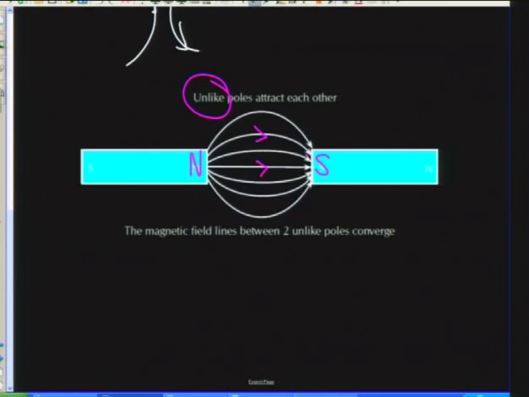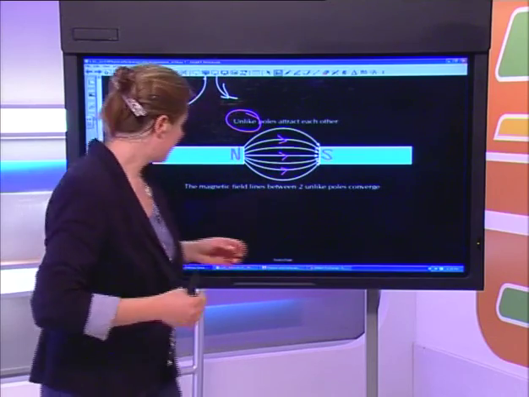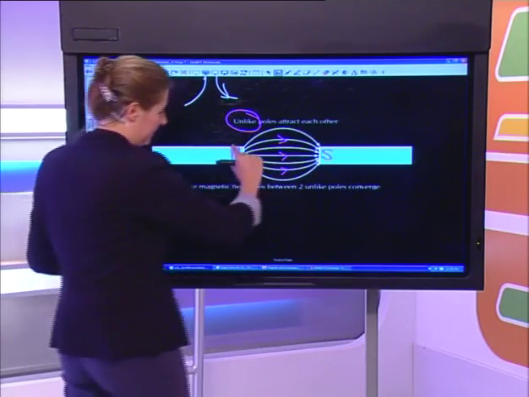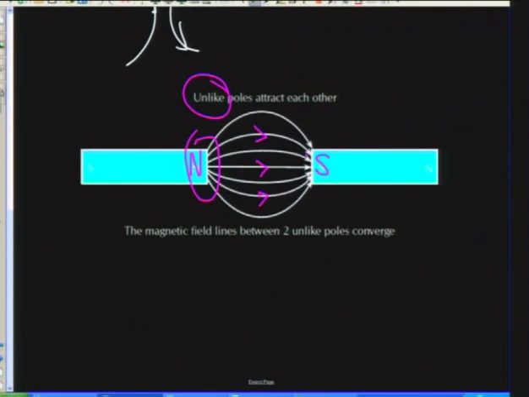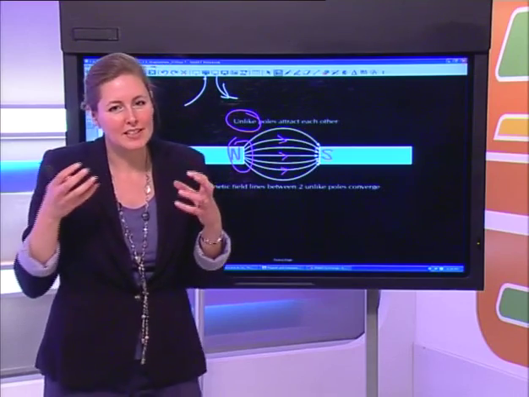I'm just drawing them in for extra to indicate to you that they are always from north to south and very tight at the poles there, very close together. Why? Well, because that's where it's going to have the highest concentration of the magnetic field. Okay, so the strongest magnetic field is indicated by the lines that are very close together.